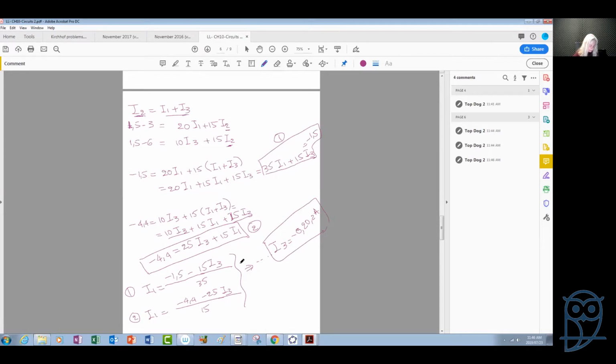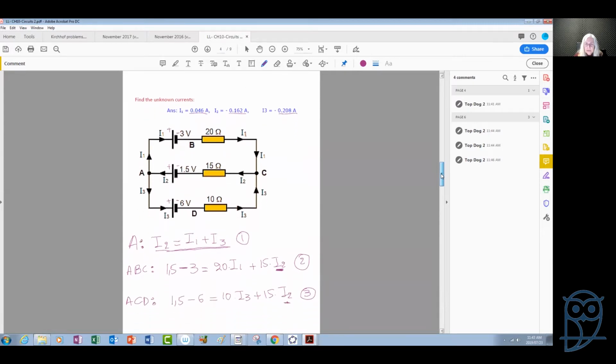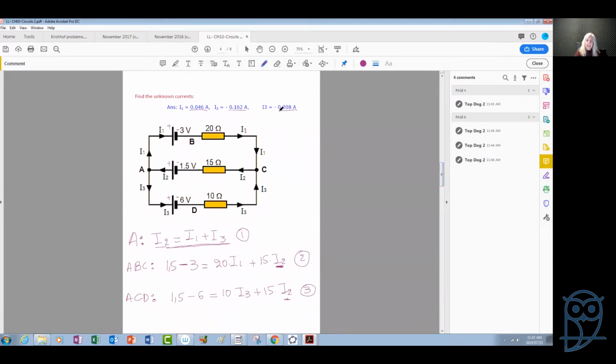Also, if I replace the I3 in either of these equations, I find the other current, I1. The I1, I find that it is 0,043 amperes, which are quite similar to the answers that we have here. For example, I3 here, I found 0,202 amperes.